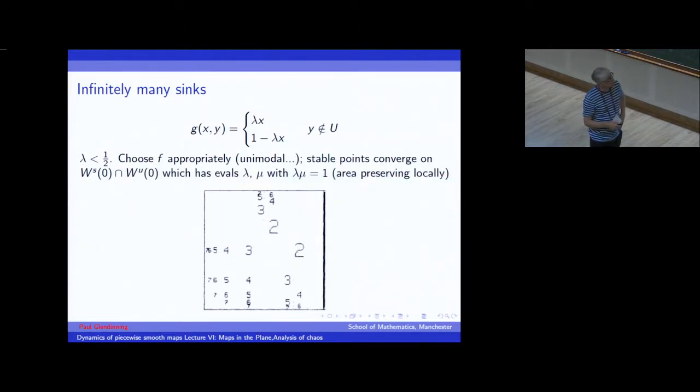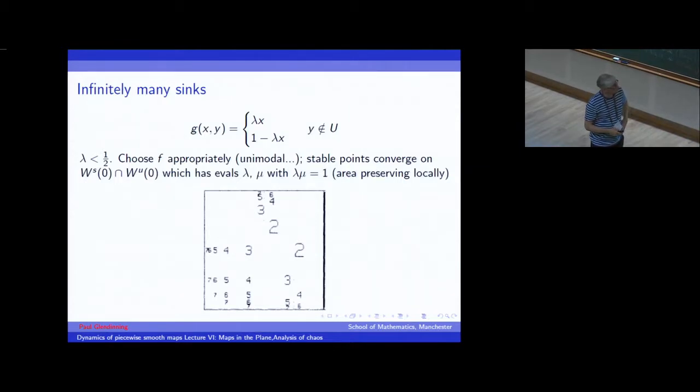They were able to prove that for their piecewise smooth map, there were infinitely many stable periodic orbits, with points on them all accumulating on this point, which is a saddle. This point is a saddle with eigenvalue lambda in one direction and mu in the other, so you've squeezed and you've expanded, and the product of those is 1.